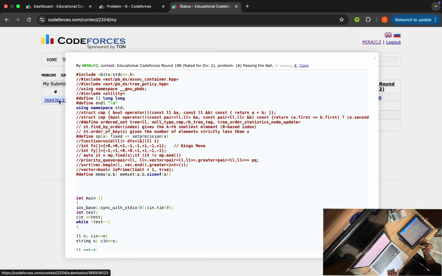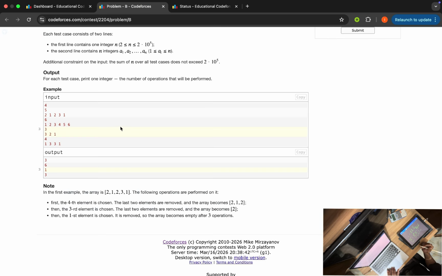Why is it taking too much time? Let's try another example. Let's try this one: 1 3 3 1. I'll find 3 3. Then I'll find 3 3 again. Then I'll find 1 1.